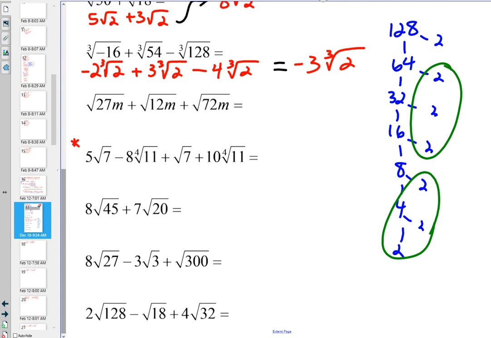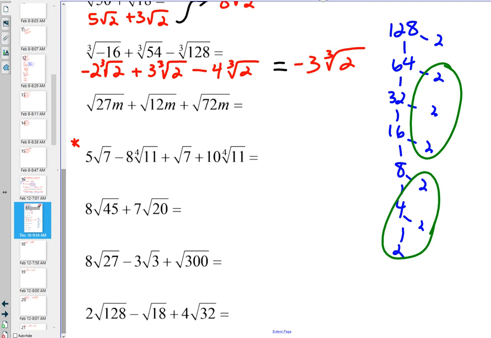How about this one? Can't simplify any of those. 7 and 11 are fine. Can I combine any of them? Which ones could be combined for this? They can't all be combined.